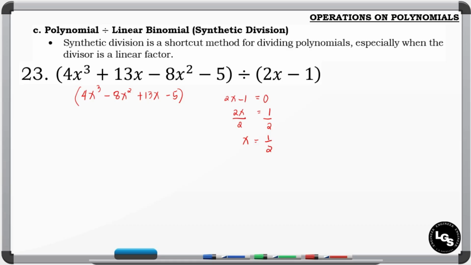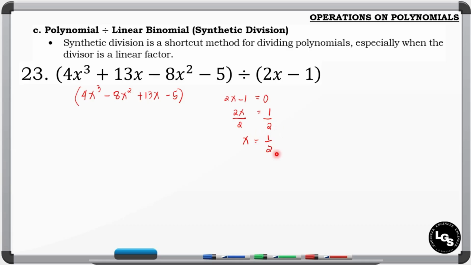But if we have a coefficient of 2, 3, or any other numerical value, we need to divide the constant by that coefficient, because we need to have a coefficient of 1 for our divisor root here for the variable. So here we have 2x minus 1, so we need to transpose the 1, so it became 2x equal to 1.